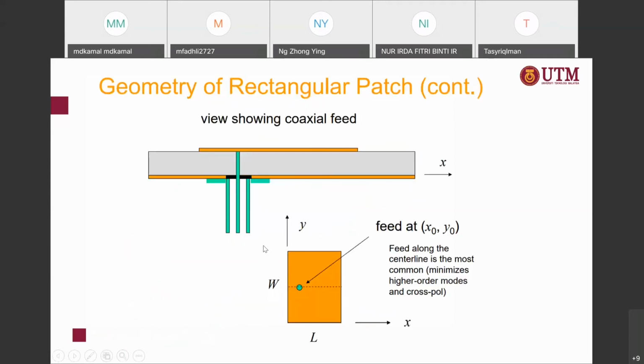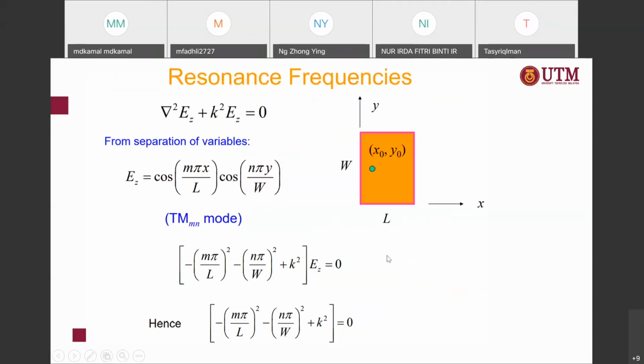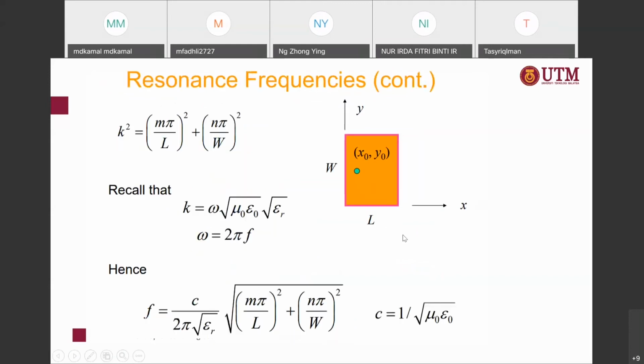So this is in terms of a coaxial feed where we feed the antenna here, x naught, y naught, and this is in terms of the resonant frequency throughout the cavity, in terms of L here. The same thing, as you can see, we have the same resonant frequency as we discussed before.